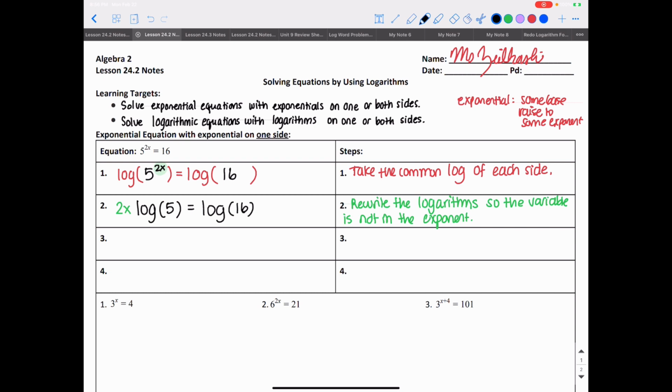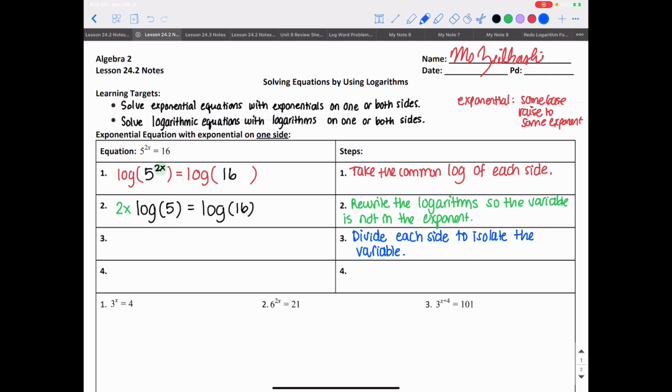The next thing I'm going to do is I'm going to divide each side to isolate the variable. So I'm going to divide everything on the left-hand side besides x to get rid of everything except for the variable, isolate that x. I want to get that x by itself.